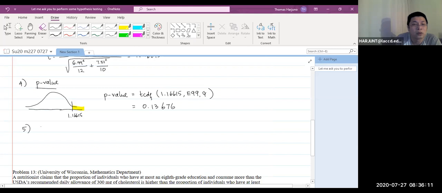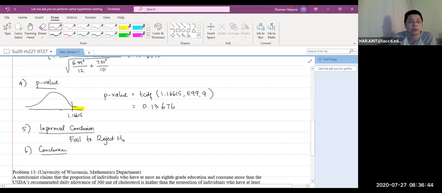So, informal conclusion. Fail to reject the null hypothesis. And then step 6, conclusion.